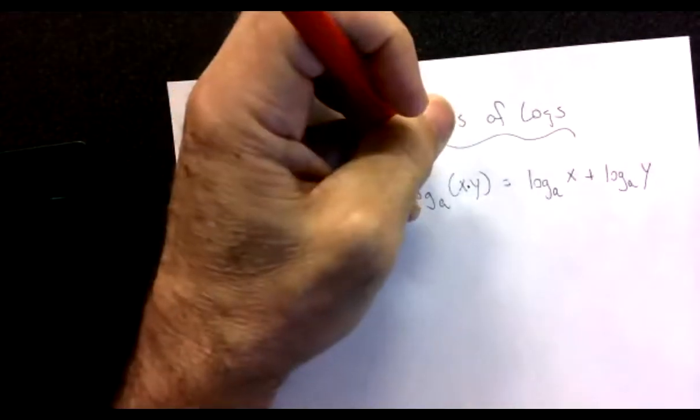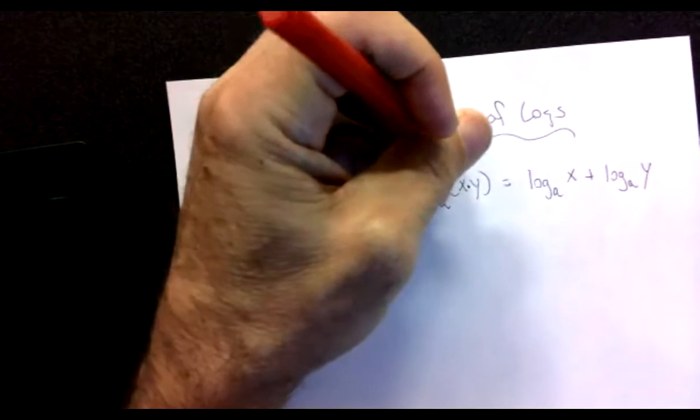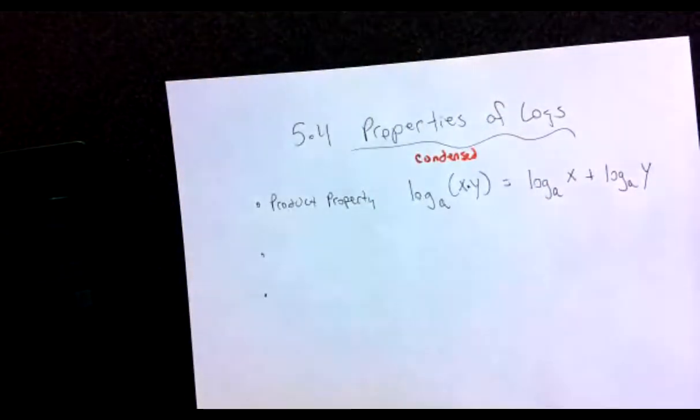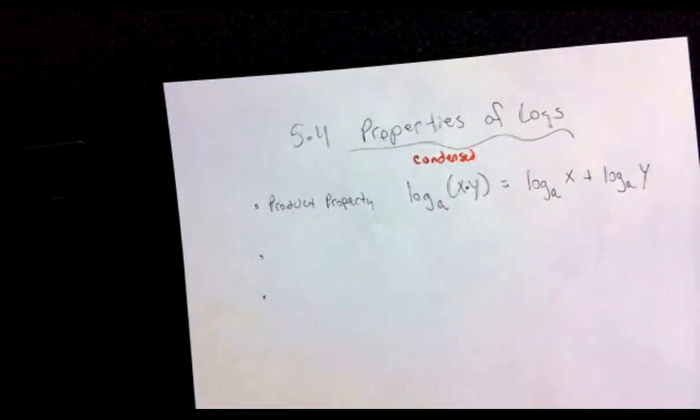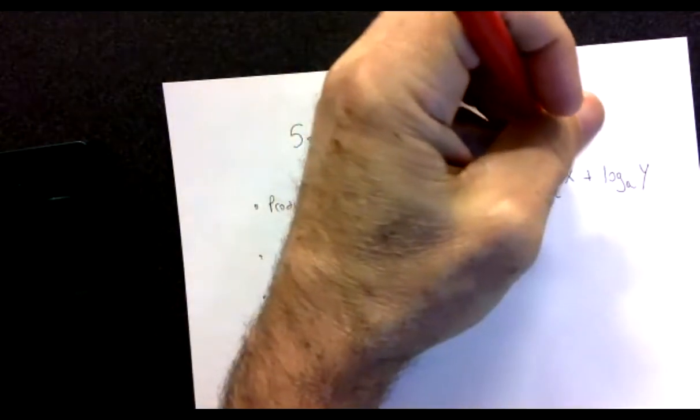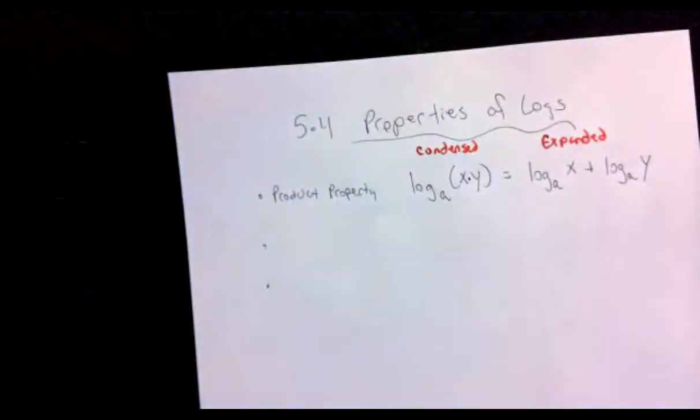So this is what's referred to as the condensed form. This is what's referred to as the expanded form. And I'll show you in the examples, we'll actually convert back and forth between the two.